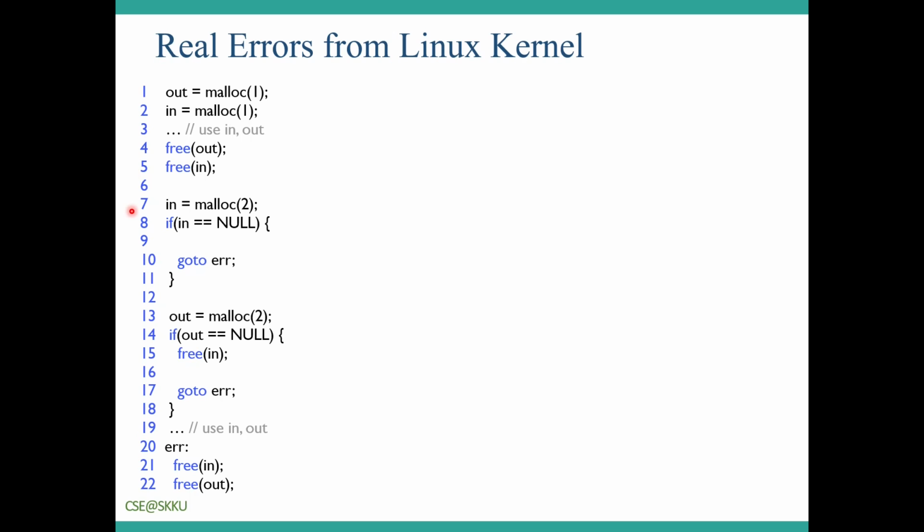Lines 7 and 13 attempt to reallocate in and out to a slightly larger size. As you might know, when these buffers fail to get reallocated at lines 7 and 13, malloc will return null, and in this case the program goes to the error handling code at line 20, which deallocates the buffers in and out.